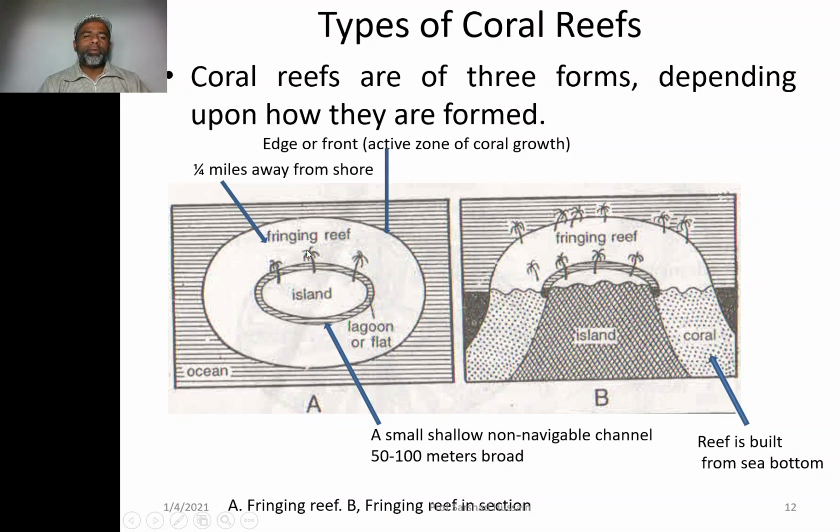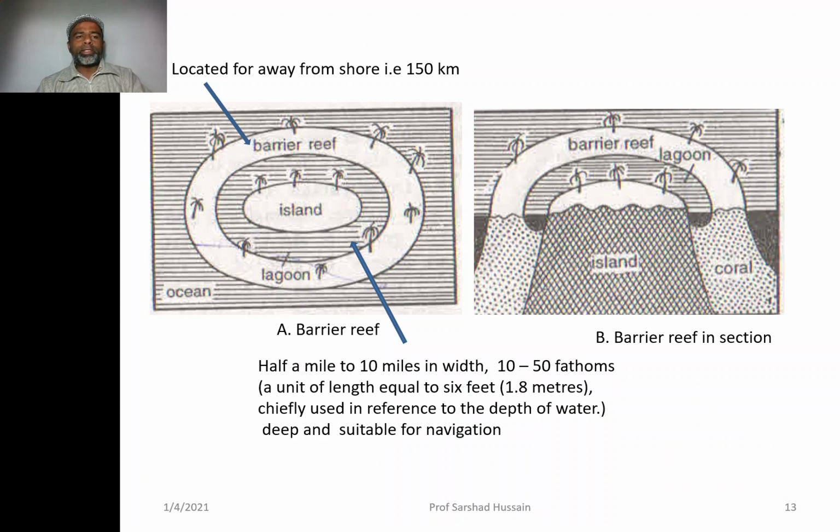Now in a fringing reef, the water channel between the island and the fringing reef is very narrow. It is so narrow that it is not navigable. It is shallow also. Only a 50 to 100 meter broad water channel in the form of a lagoon may be present. Then you have the second type of reef called the barrier reef.